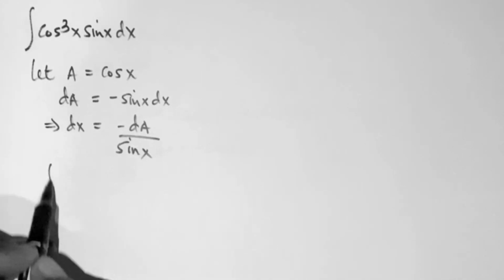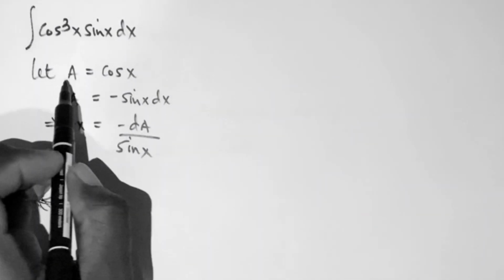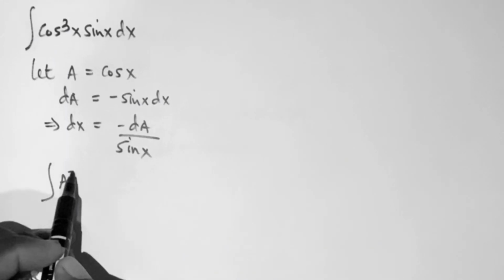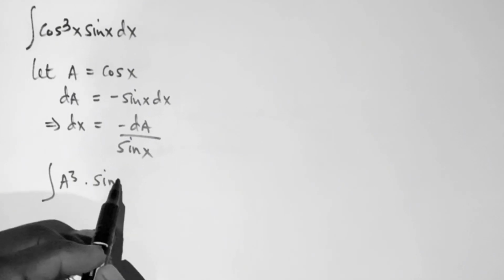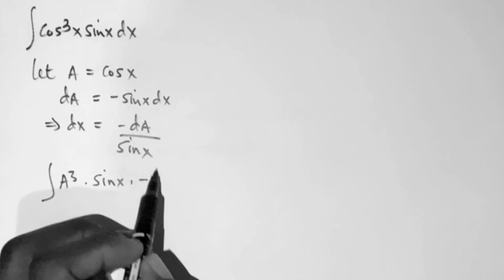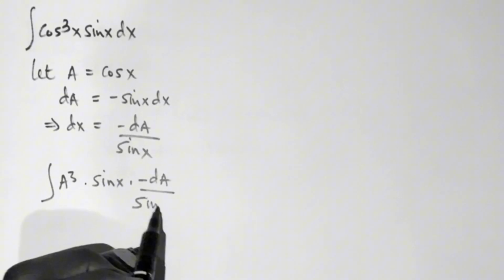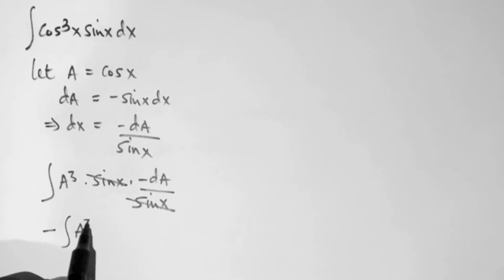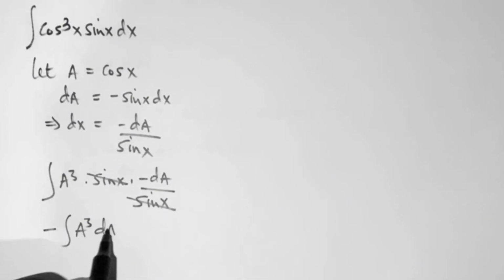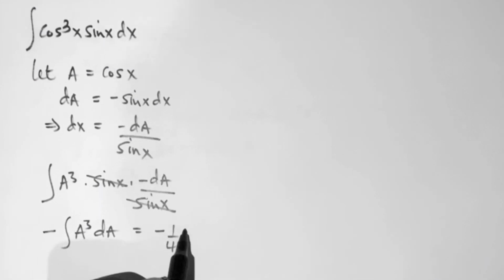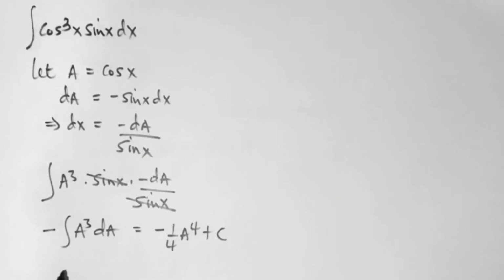So the integral becomes the integral of cos cubed x, which is a cubed, times sine x, times minus dA over sine x. The sine x and sine x cancel, so we are left with minus the integral of a cubed dA, which is equal to minus 1 over 4 a exponent 4 plus c.